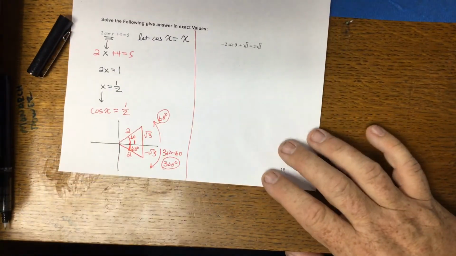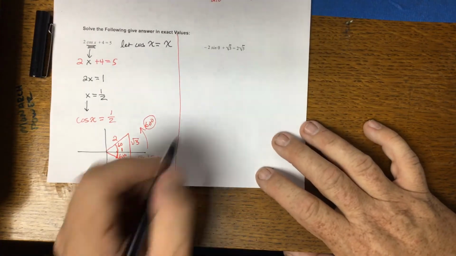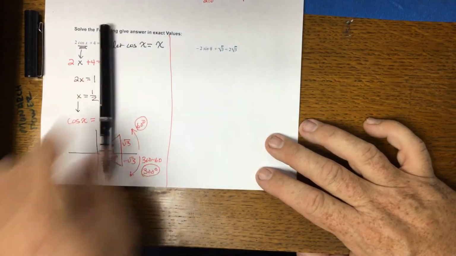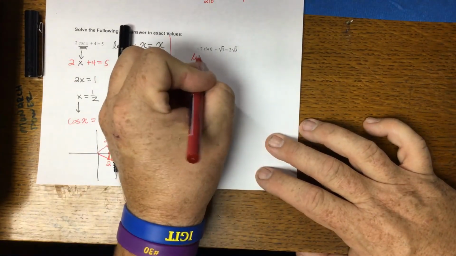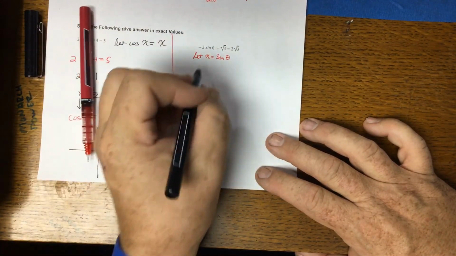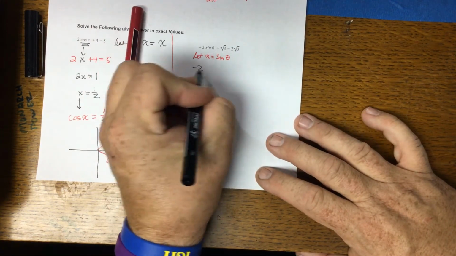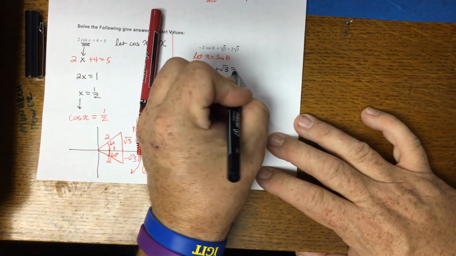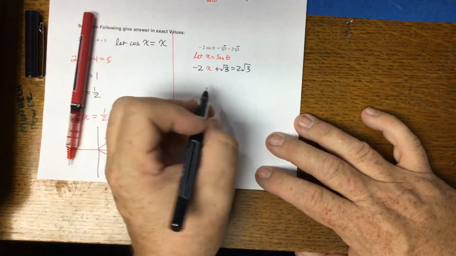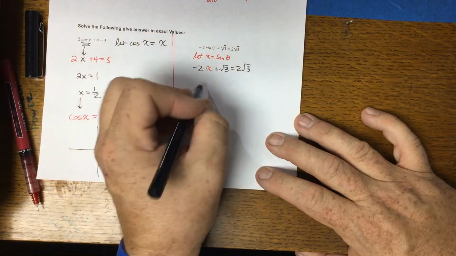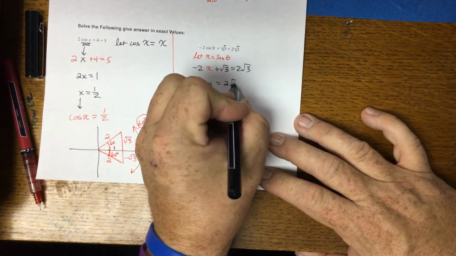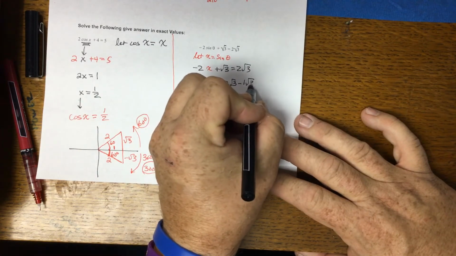Let's tackle this one here. This one's a little different, but the same thing. I'll do this one in red. I'm going to let x equal the sine of theta. So I'm going to get a new equation: negative 2x plus root 3 equals 2 root 3. So I'm going to get negative 2x equals 2 root 3 minus 1 root 3.